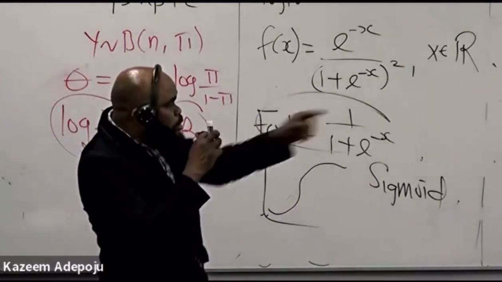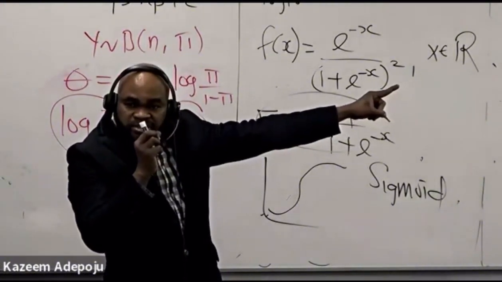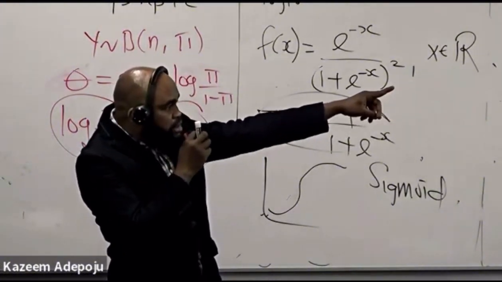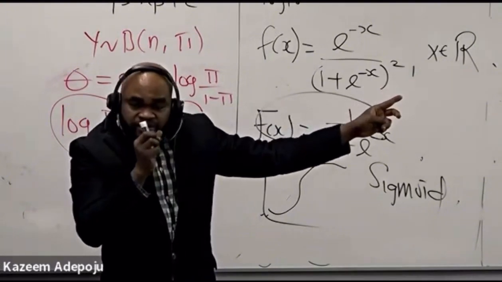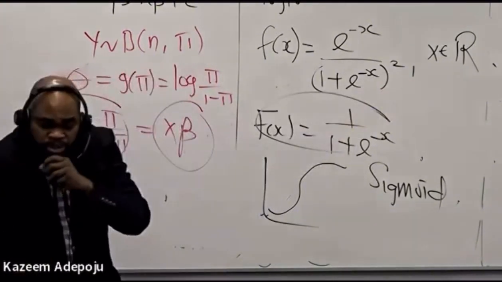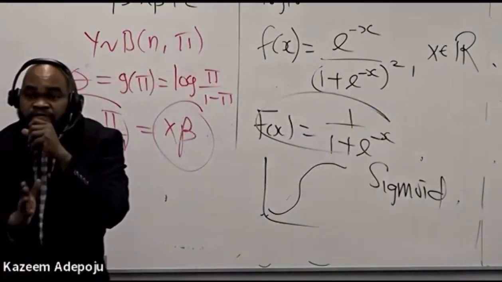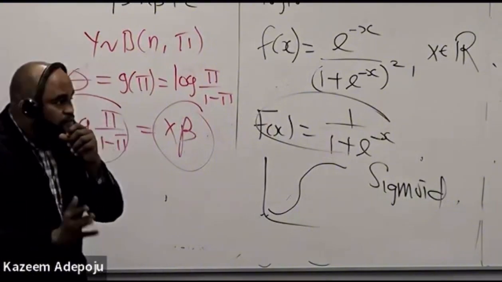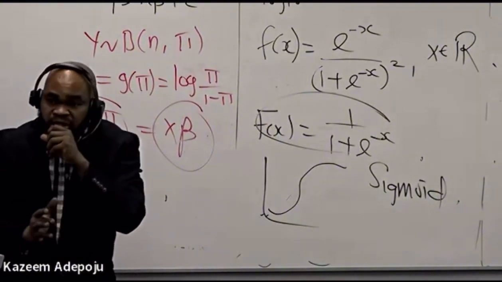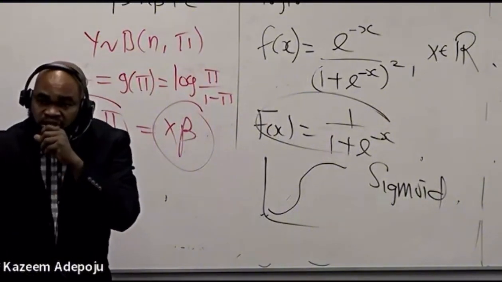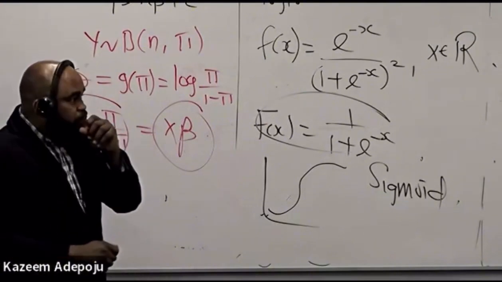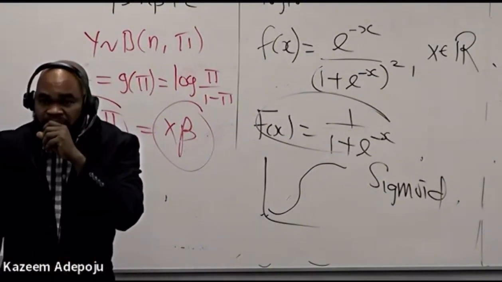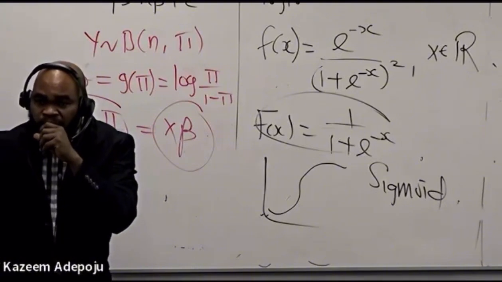But do you know what probit is? The probit actually uses the inverse of the CDF of a standard normal distribution. The probit believes that if I want to convert a categorical scale into a continuous scale, then I will be assuming that the probability comes from a normal distribution, a standard normal distribution.